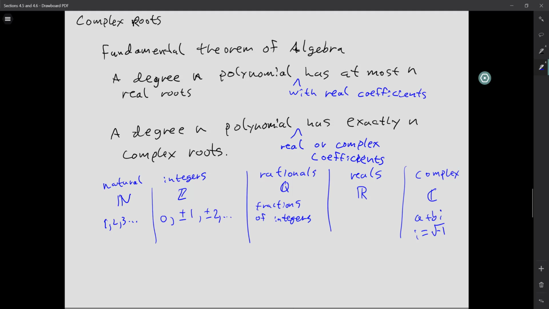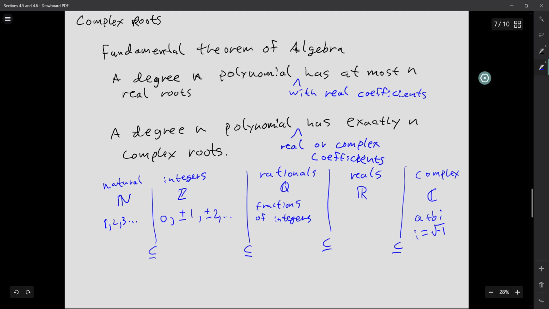And the reason I've listed these out here is they are all contained in the higher number field. So complex numbers contain real numbers. That's actually the first part of a complex number, if I let the second part be 0. So they contain all of the reals. The reals contain all of the rationals, which contain all of the integers, which contain all of the natural numbers. So a real number is a complex number with a 0 coefficient on the imaginary part.